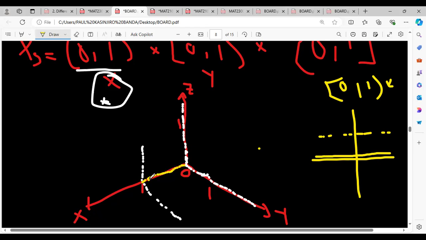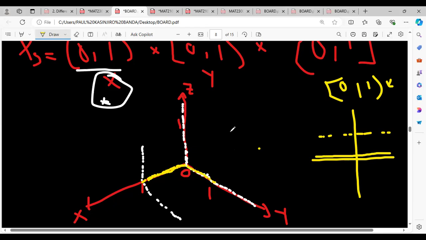So this represents the y interval, right? So this line is actually perpendicular. Not perpendicular, why am I saying perpendicular? It's actually parallel to the x. And then I also draw a line that is parallel to the y.